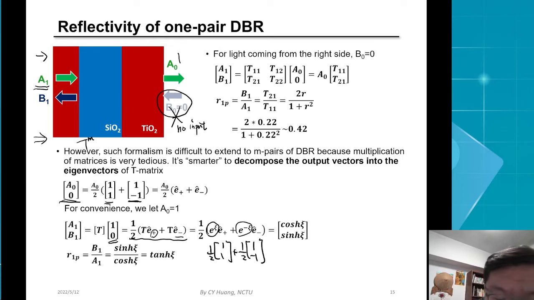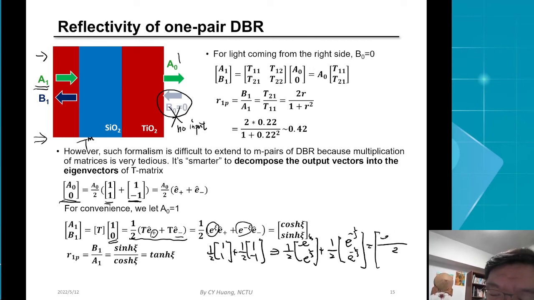Alright, so now it becomes half of exponential c plus half of exponential minus c, and half of exponential c minus exponential minus c.